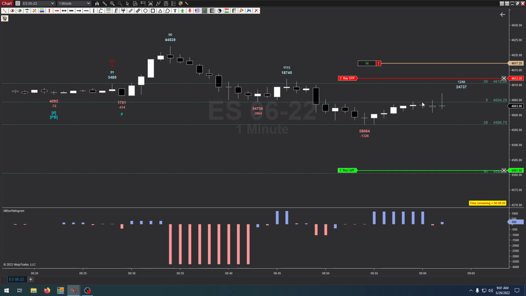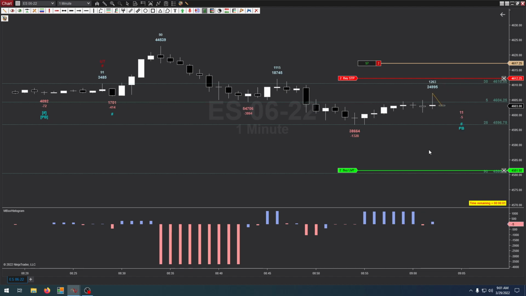This level here is holding as resistance so far. If we can get below here and close below here, I will trail to right here. That swing high.